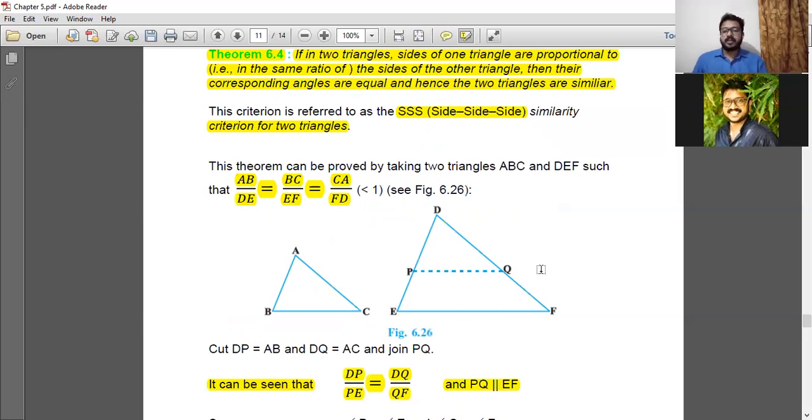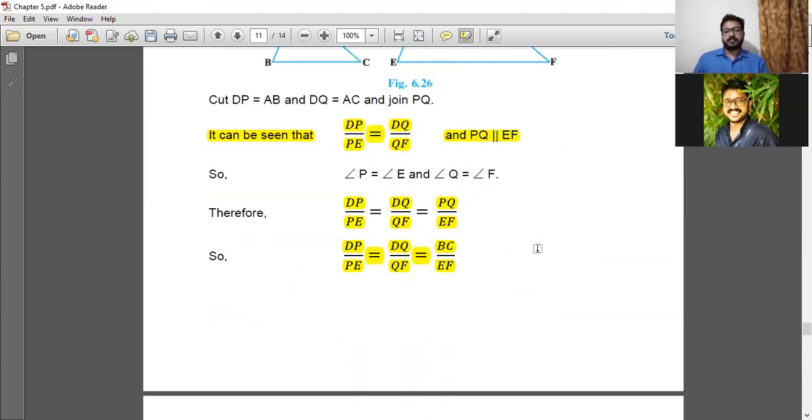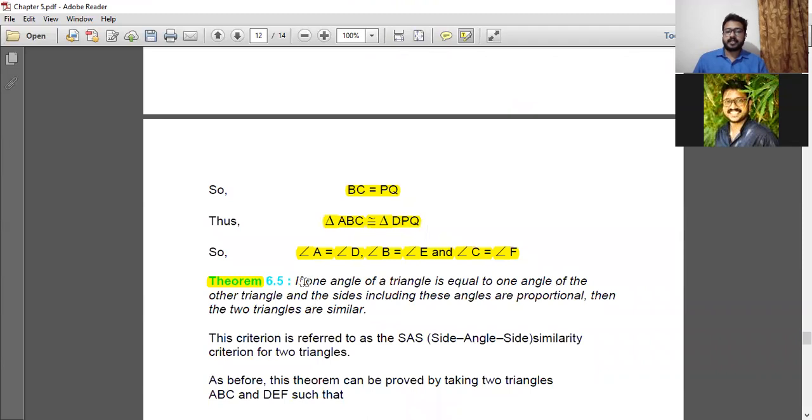Now let us see our last criterion for two triangles to be similar. And this one is a little bit more important.